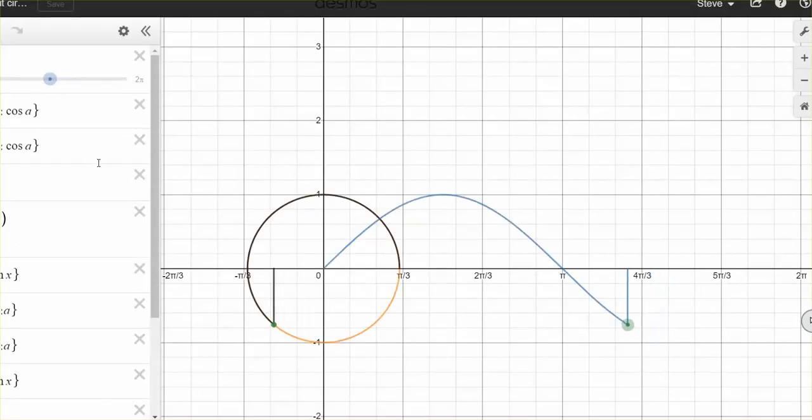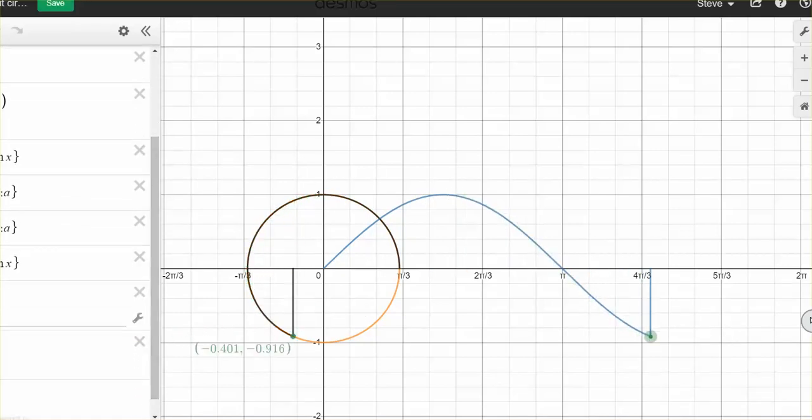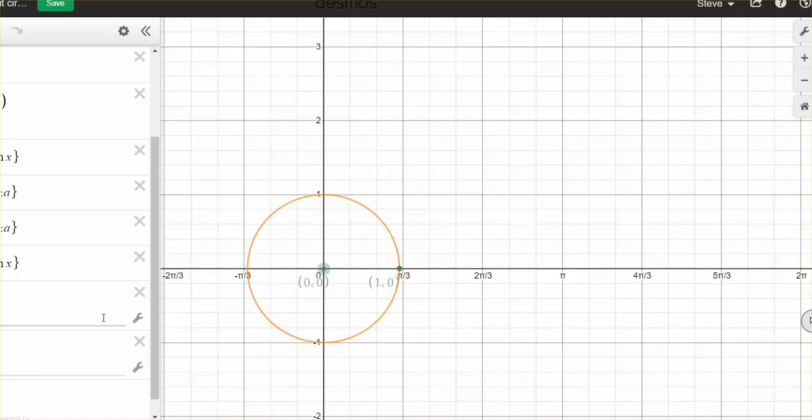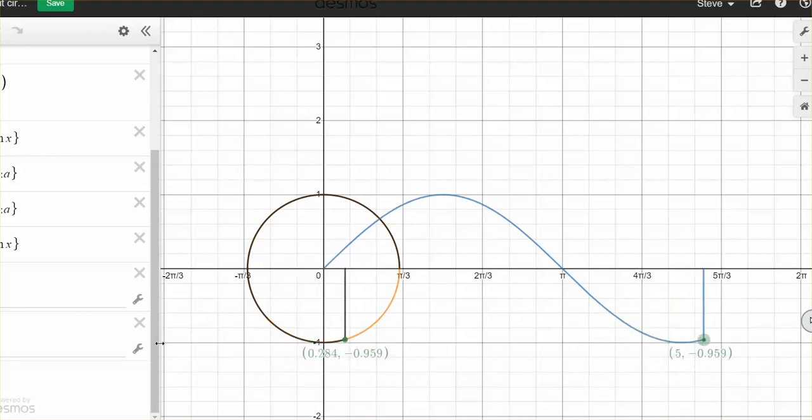So if we look at the sine curve, take a look as we go along the unit circle. Watch the curve. So you can see as it's going around the unit circle from 0 all the way around to 2 pi.